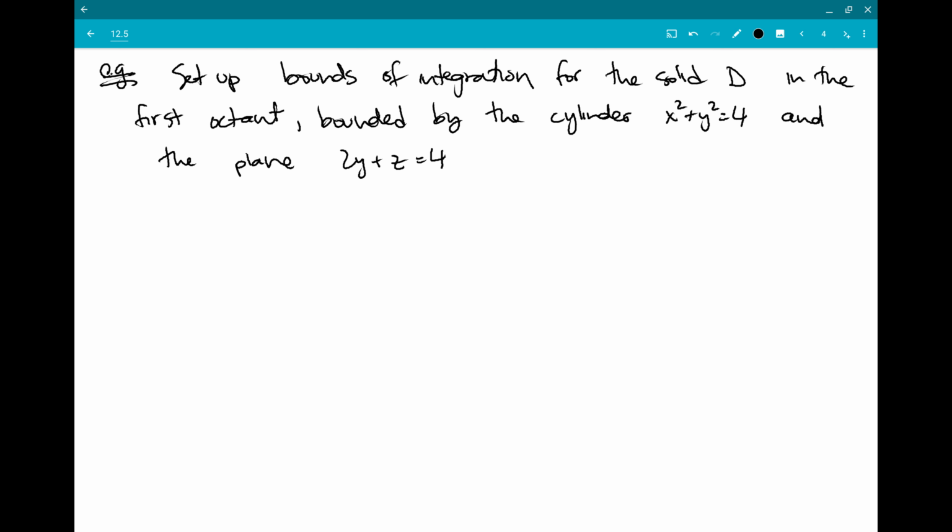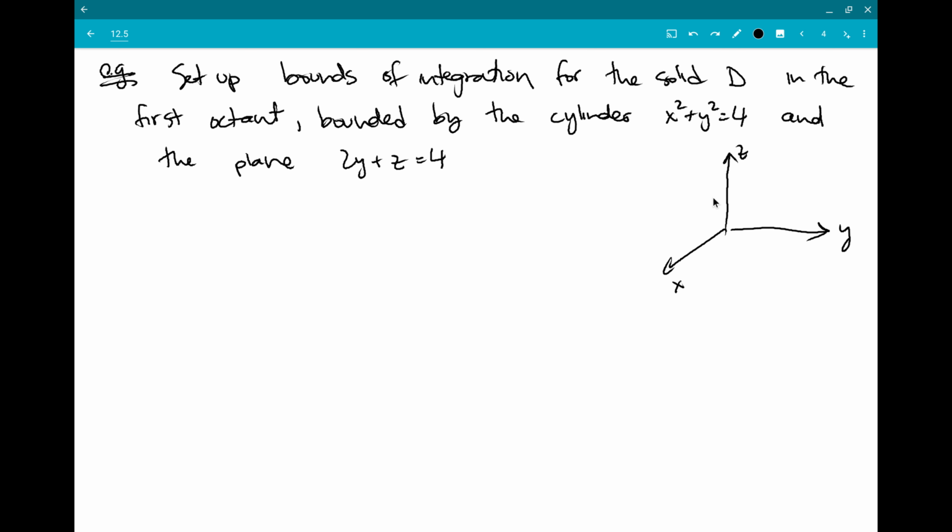And this is a lot of words, so what's going to help us first is to draw a picture. If you haven't heard octant before, just like we had quadrant for the 4 parts of the XY plane, we have octants for the 8 parts of the XYZ coordinates.